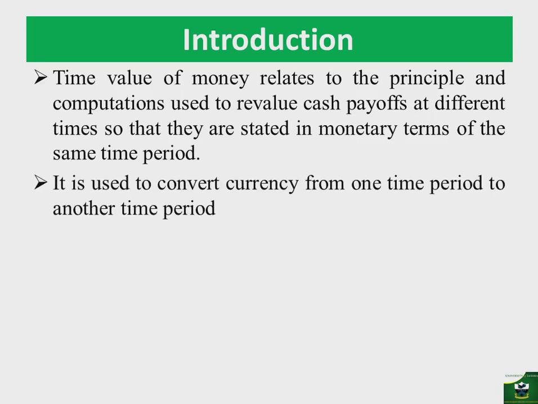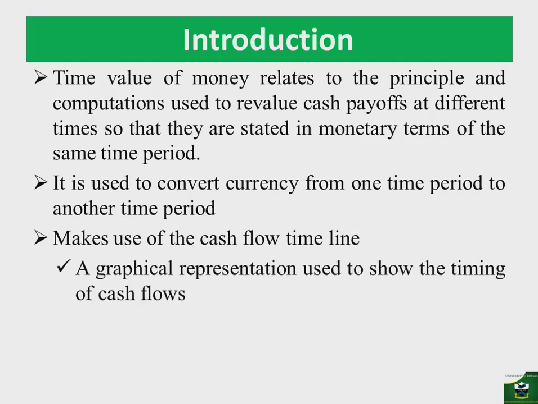So it is used to convert currency from one time period to another time period. In this case, we can say it is used to convert a quarter from one time period to another time period. And in doing so, we make use of what we call a cash flow timeline.